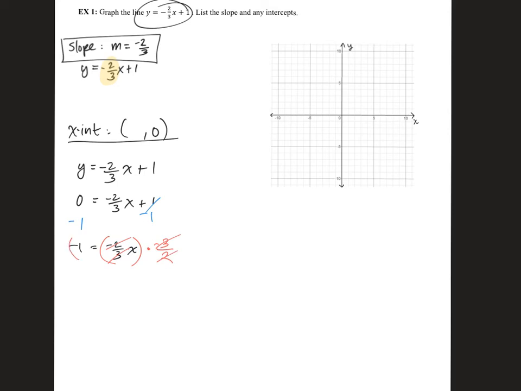But we have to multiply the other side by the same reciprocal. So then we have -3 over 2 times -1, and I'll put it over 1. Well, negative times a negative is a positive. And so we have 3 over 2 equals x.